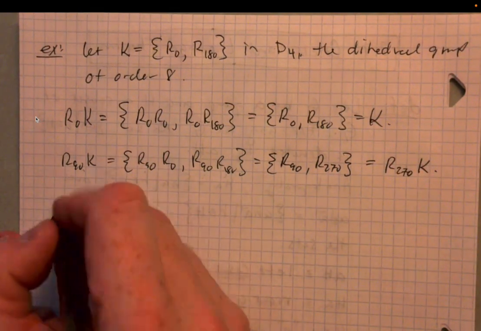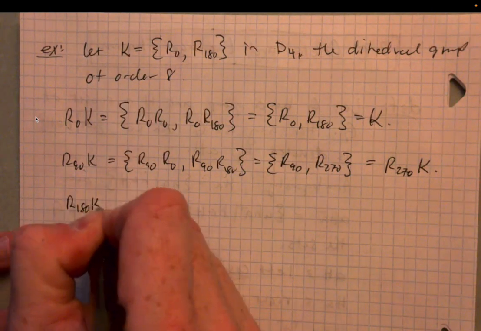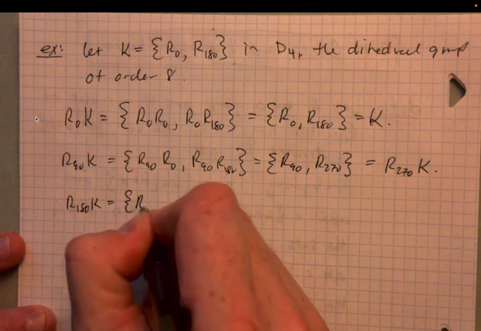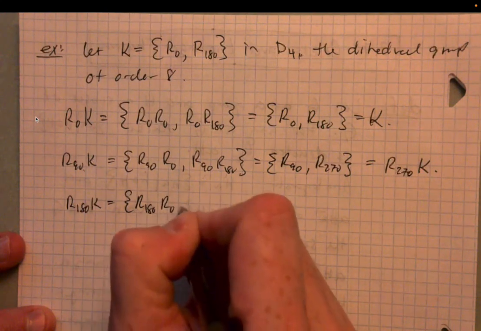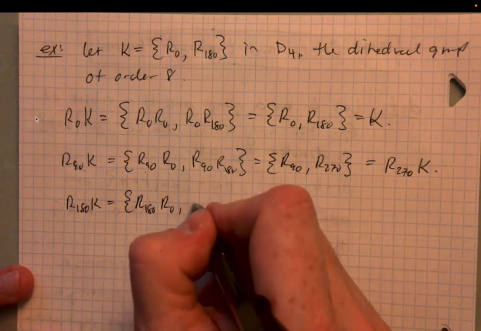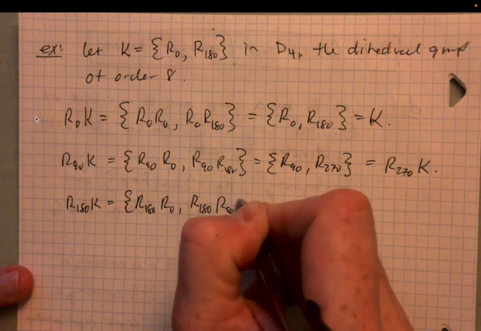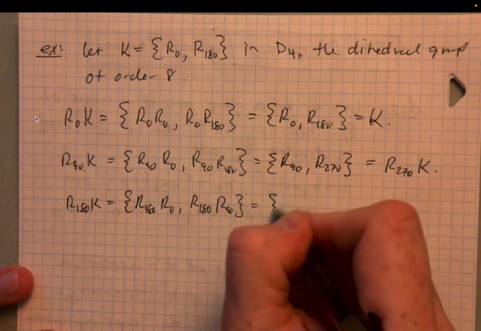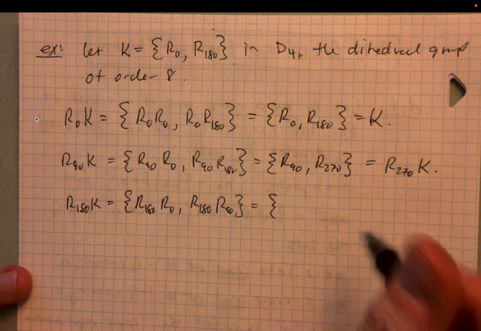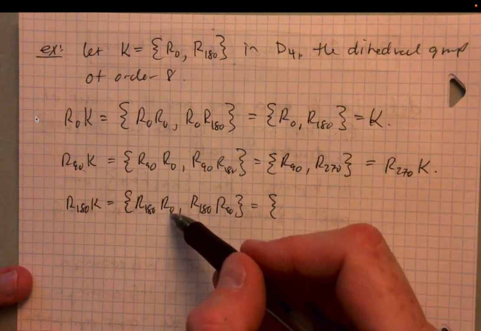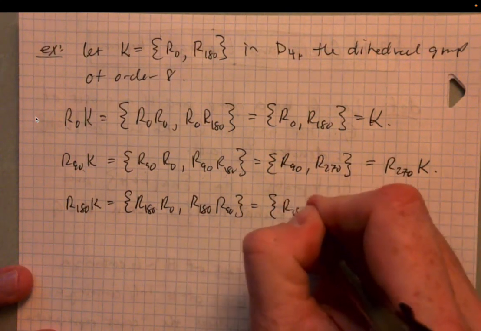What about R180? Well, again, that's a 180-degree rotation following a 0-degree rotation, and then it's a 180-degree rotation following a 90-degree rotation. All right, and here you're going to get, well, if I rotate 0 degrees and then 180, that's an R180.